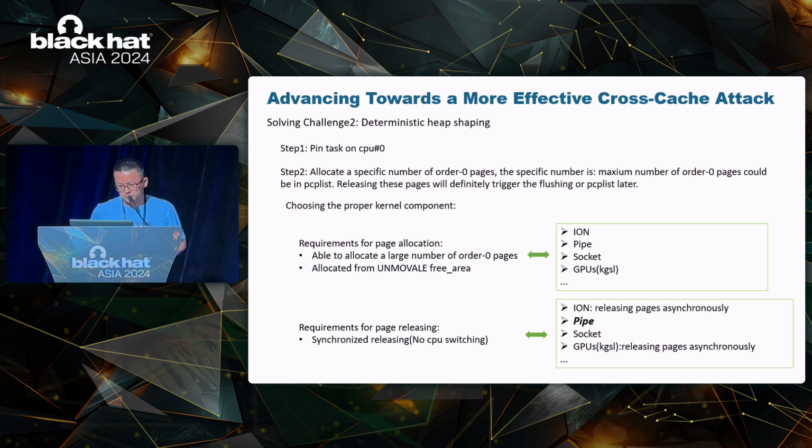Now that we have some basic knowledge about the page allocator, let's start to see how to solve challenge 2 step by step. Step 1, pin our task on CPU 0. Step 2, allocate many order 0 pages for triggering the flushing of PCP list later. We choose to use pipe to do the allocation.